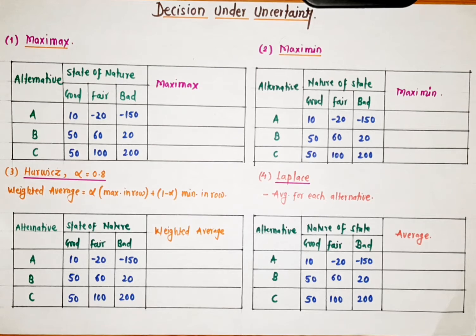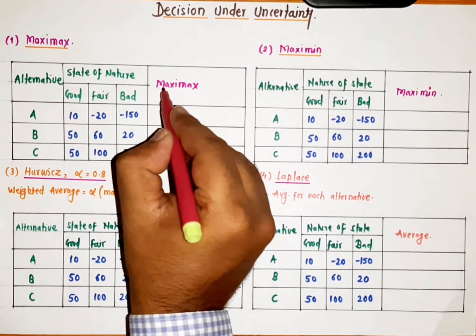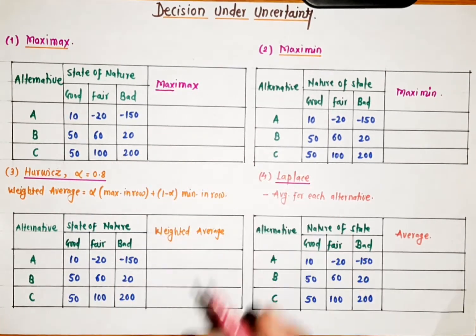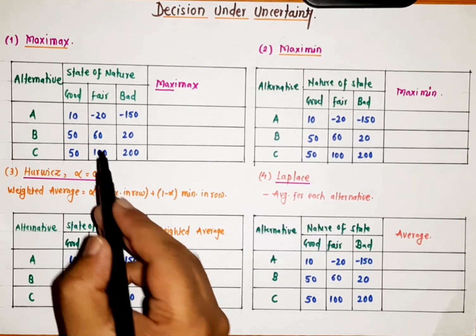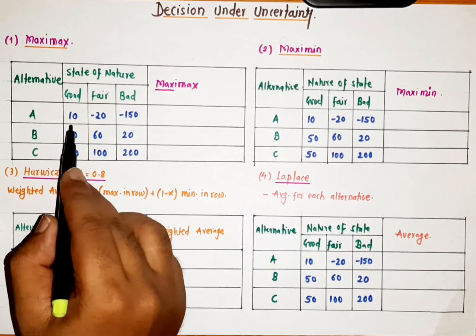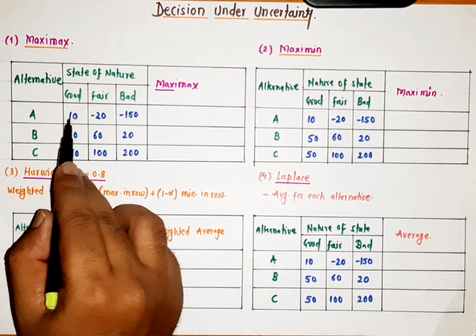Always remember that whenever we are calculating decision under uncertainty, first read what they want to calculate, which is your final answer. Let us solve the first problem. In the Maximax, find the maximum value in each row.